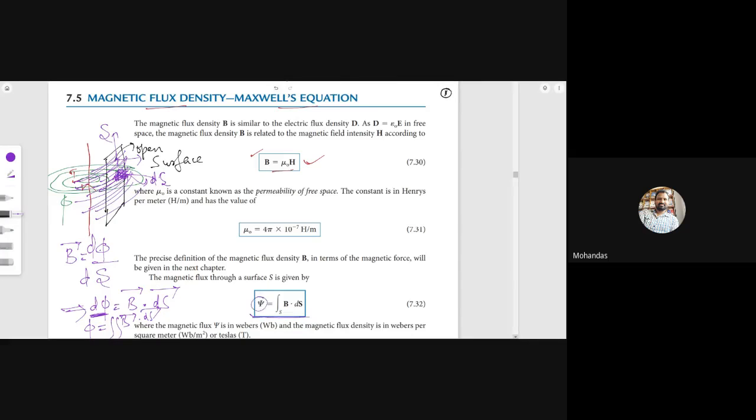Actually here psi is written; psi should be used for electric flux, and phi for magnetic flux, though sometimes psi is also used in some textbooks. Actually phi should be used. So phi equals the surface integral of B dot ds. This is magnetic flux, and the unit is Weber.